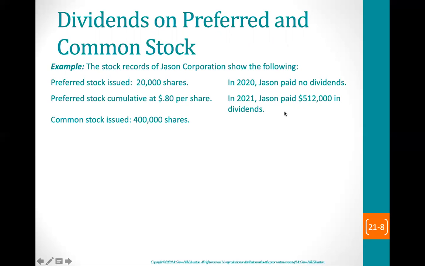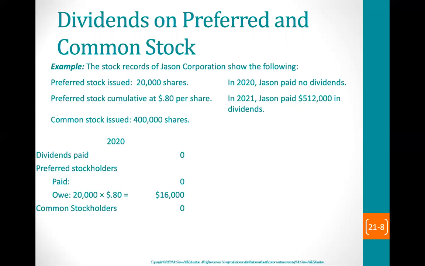We need to calculate how much of the $512,000 in dividends goes to the preferred stockholders and how much goes to the common stockholders. So our first calculation, we need to see how much in 2020 was owed to the cumulative preferred stockholders but was not paid.